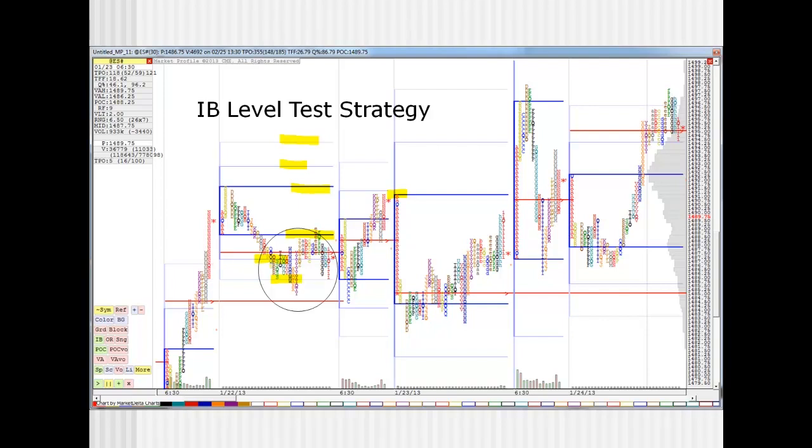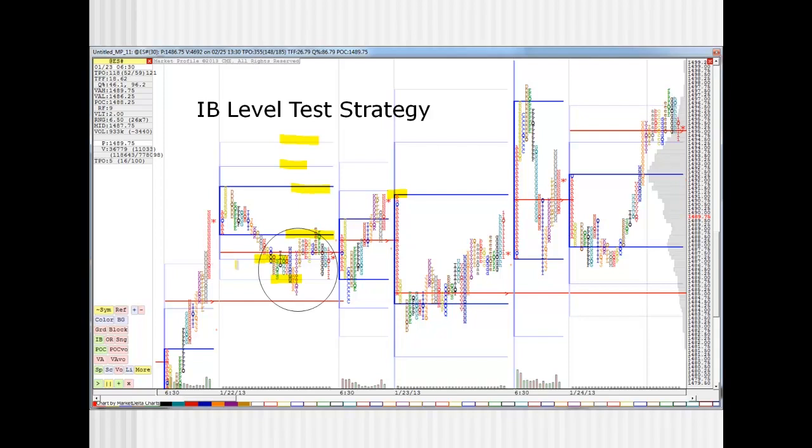So let's take a look at this particular case and see how we would have traded this price development. Well, we continue to drop lower. We're outside of the initial balance low, and we've come down to the initial balance 150% below the initial balance low.